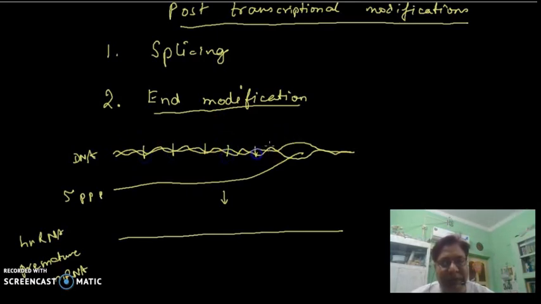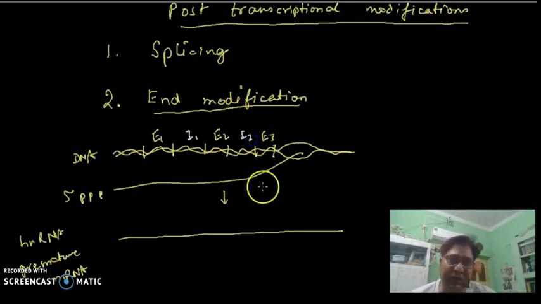say this one is exon 1, exon 2, exon 3, and it contains 2 introns in between, intron 1 and intron 2. These numbers are variable, of course, from gene to gene. So suppose this gene contains 2 introns and 3 exons.